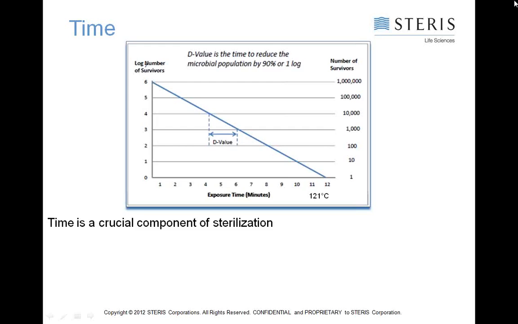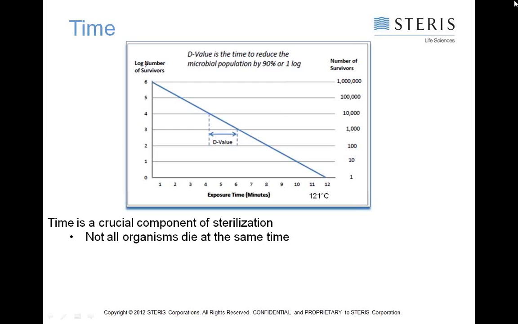where we have on one axis, the y-axis, the log number of survivors, 6, which equates to 1 million spores, and then you have along the x-axis the exposure time in minutes, so the time it takes to go from 1 million spores down to 0.